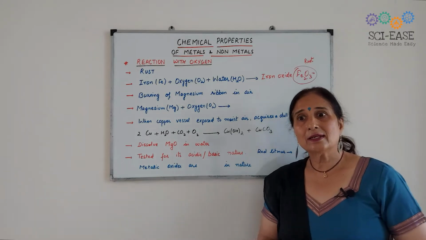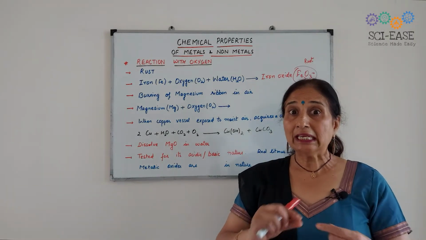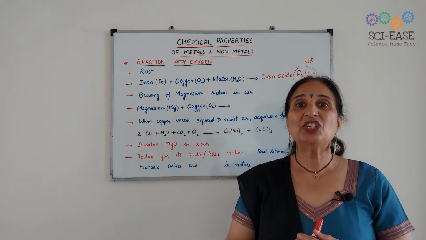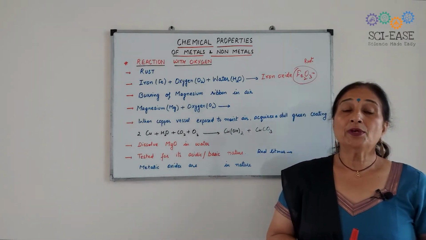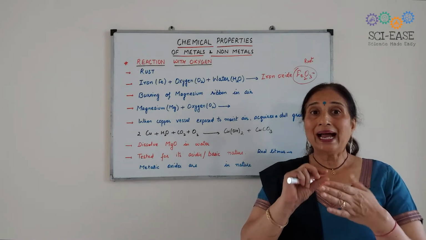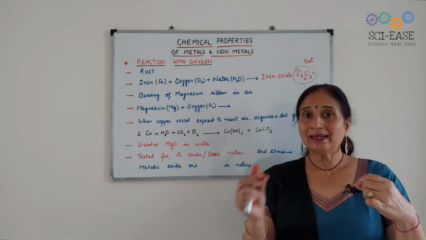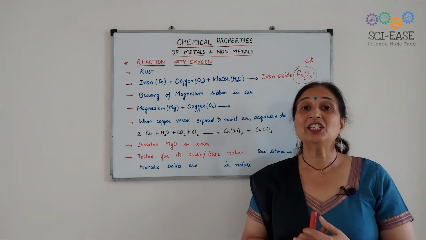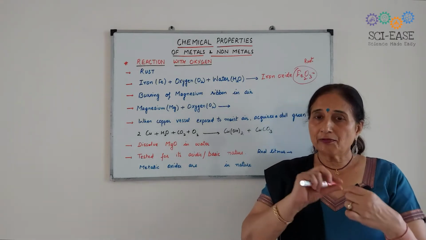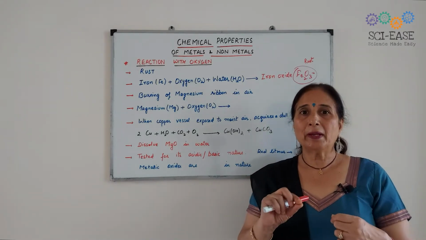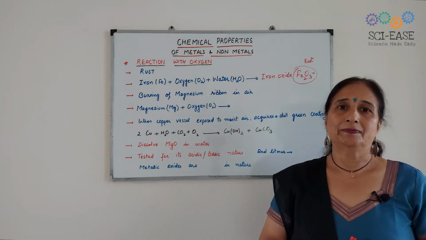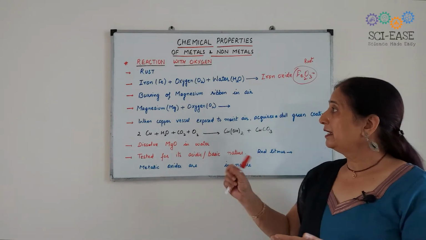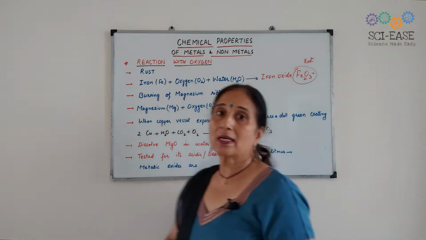Other metals, you must have seen magnesium ribbon, if you have visited your chemistry lab. That ribbon, first we clean it with sandpaper and then burn it in air. What will be the result?